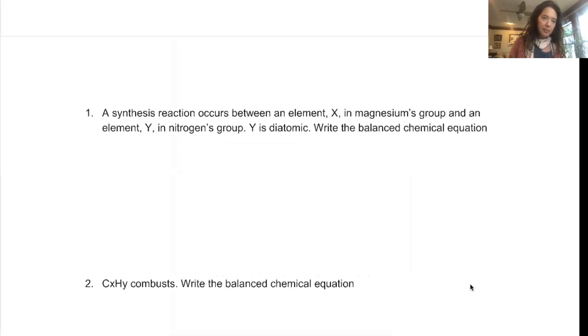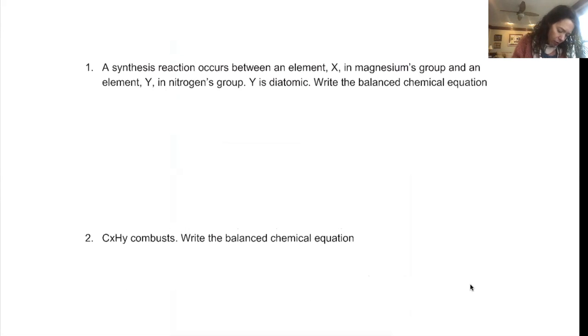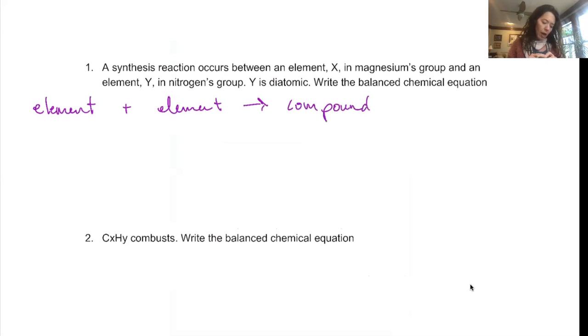Okay, so this might look confusing at first, but hopefully not. All right, we've got a synthesis reaction. So we know that I've got an element reacting with an element and it will form a compound, right? We know that. One of them is element X, and we see that it is in magnesium's group, so it must have a 2+ charge as an ion, right?